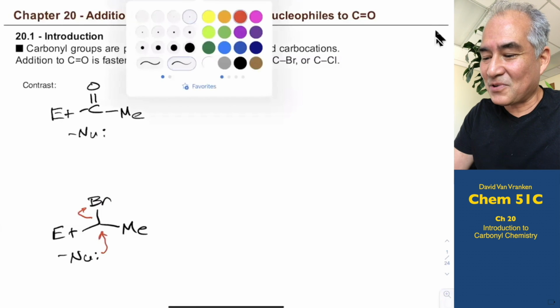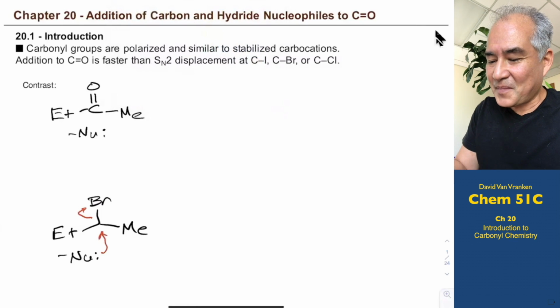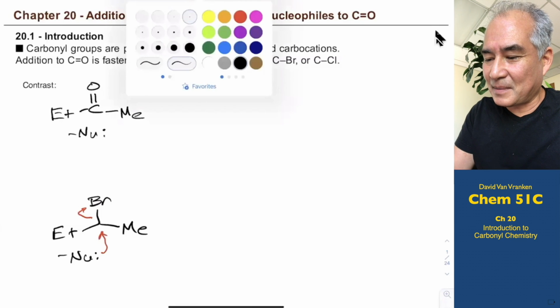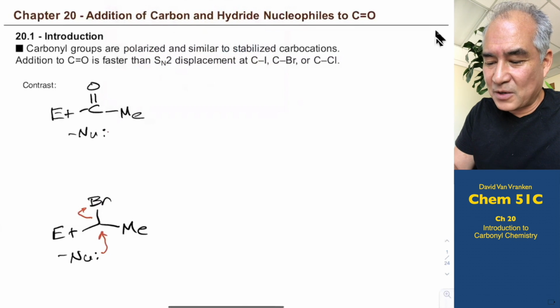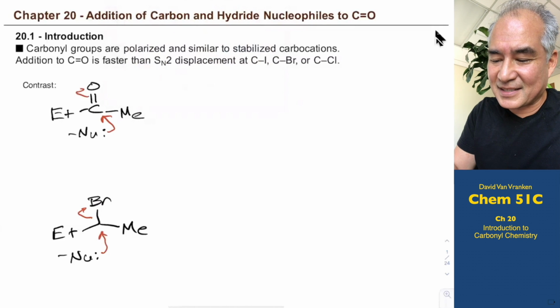In organic chemistry, what we do is we add to carbonyl groups. Let me come back and change my pen. Here's the way we normally form bonds in organic synthesis.